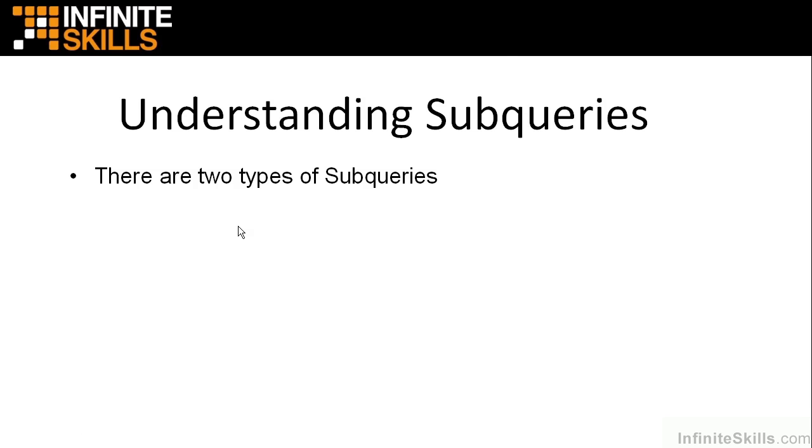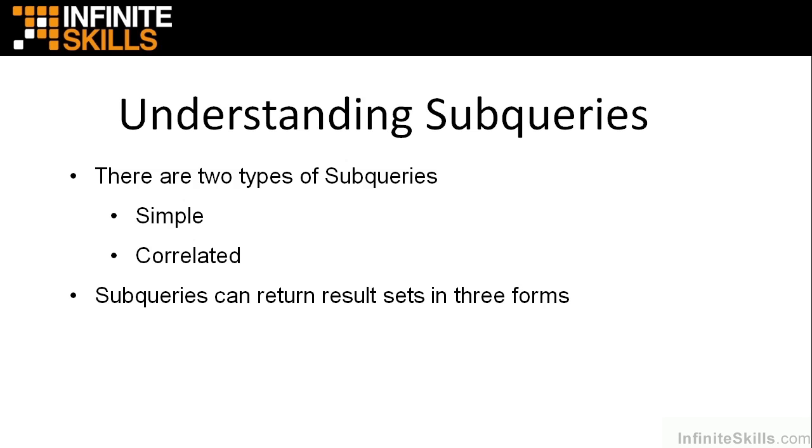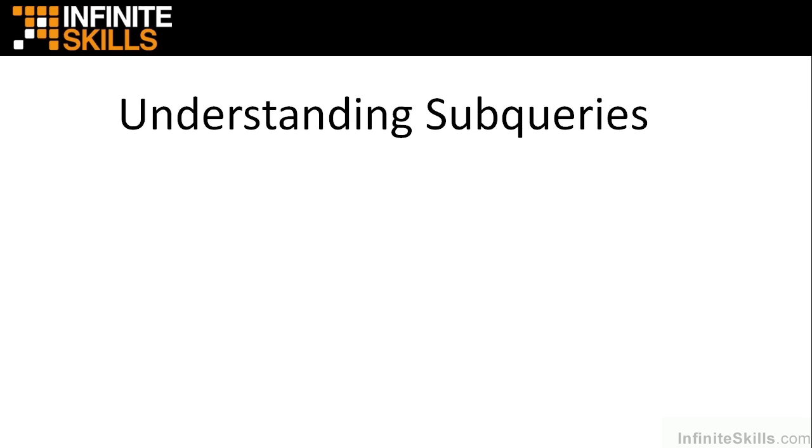Now, there are two types of subqueries that you can use in T-SQL and SQL Server 2012. There's a simple subquery, which is what we just looked at, and a correlated subquery. Now, subqueries can return result sets in 3 different forms. Scalar, which is a single value, multi-valued, which is more than one value, obviously, or table valued, which basically returns a table of data, a normal result set that we normally see with queries.